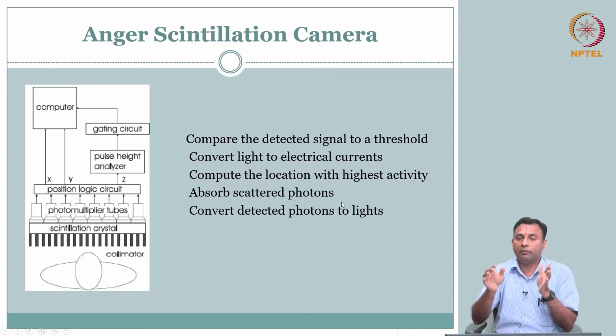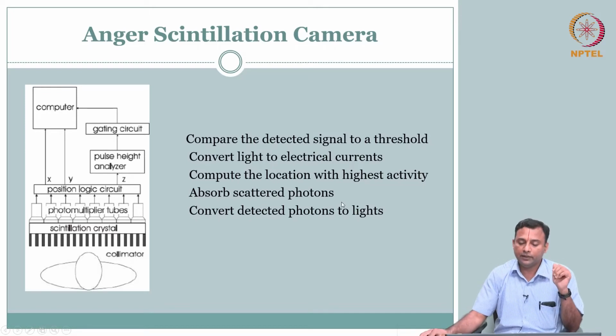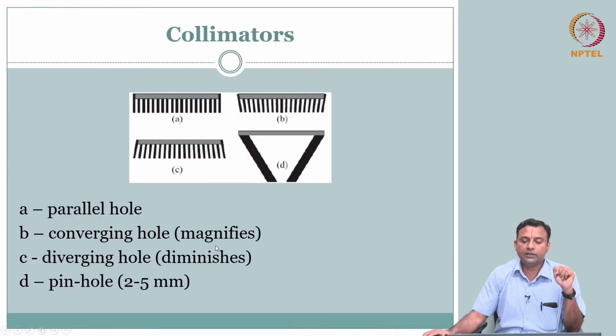So, based on this signal you have to say where is it coming from, where is the highest activity. So, this is the rough logic of what this Anger scintillation camera, the whole unit is supposed to do, right. We will go one step at a time. First is your collimators.